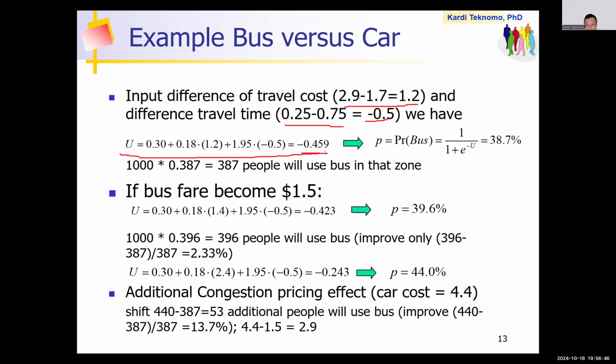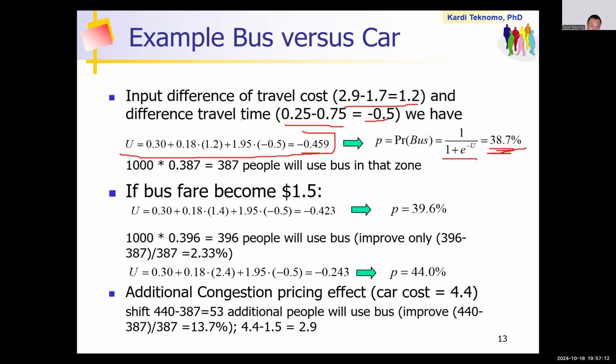The utility itself has no meaning, it's just a number. But when you input that into this formula, you will get a probability value. So initially you get 38% to use bus under the current condition.